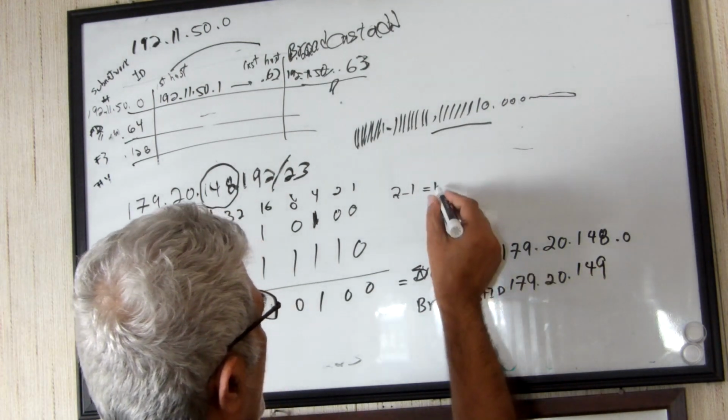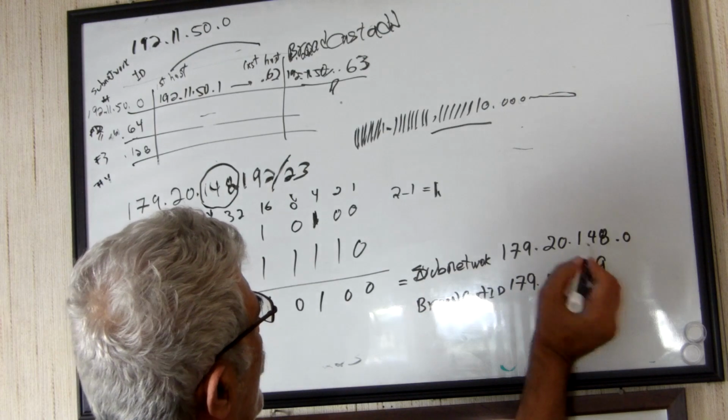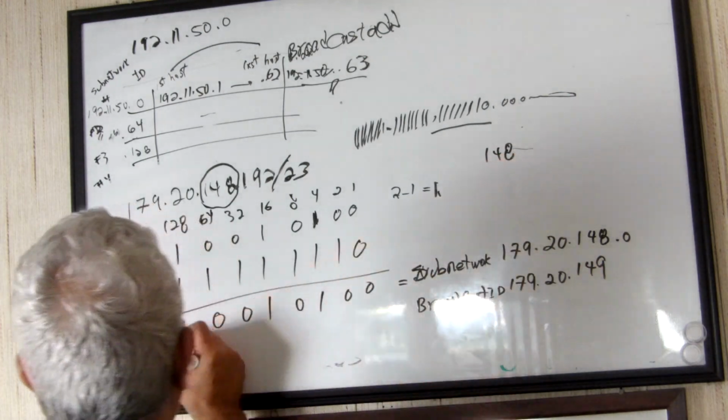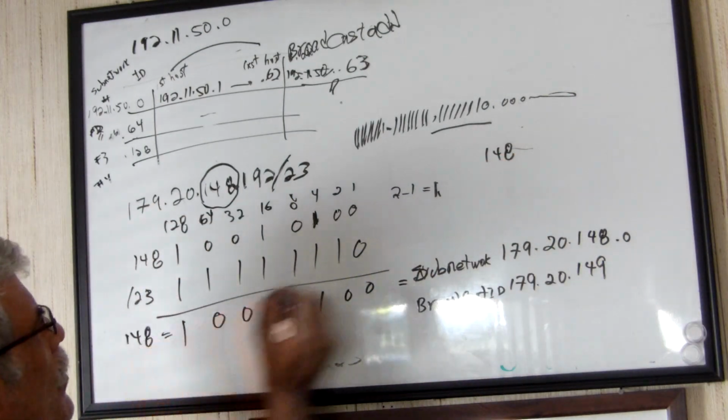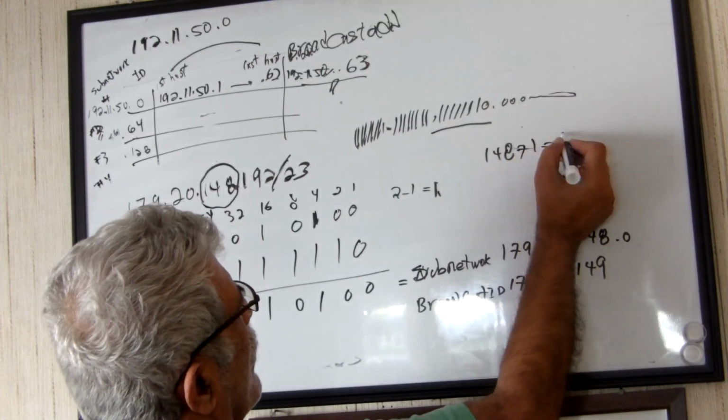179.20.149. You add 1 to this 148. This is 148. You add 1, 149.